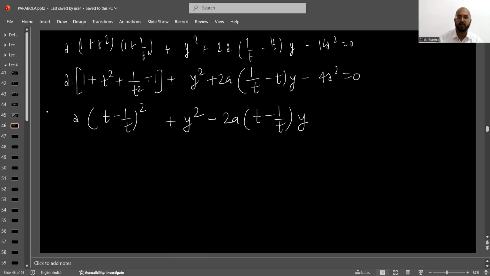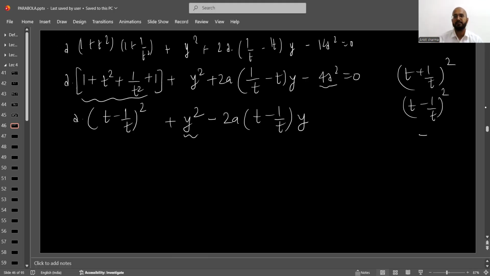And then the leftovers are going to be balanced from here and then the last one. So far I have balanced y square, and this is balanced. This guy is also balanced. Minus 4a square. So this is 2a. This part is basically t plus 1 by t the whole square, which we are writing as t minus 1 over t the whole square, and then minus 4a.